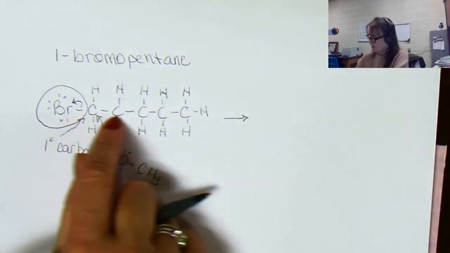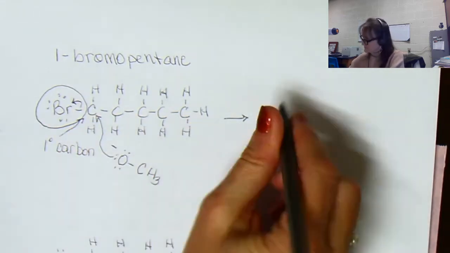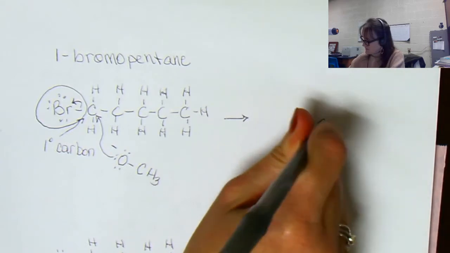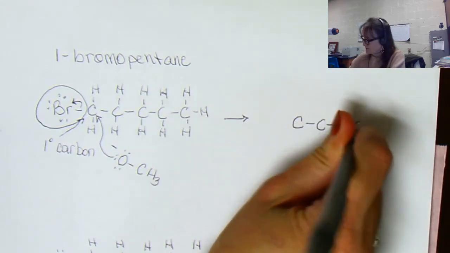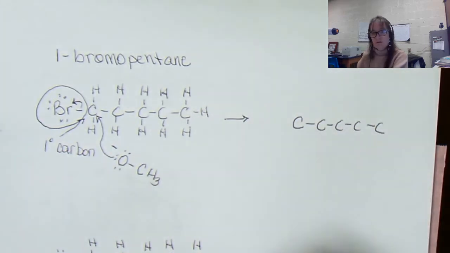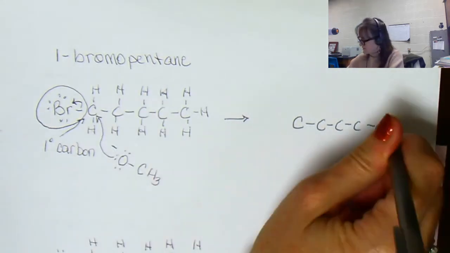I'm going to draw the carbon chain first. So the original carbon chain, which is 5 carbons, all the hydrogens are still here.